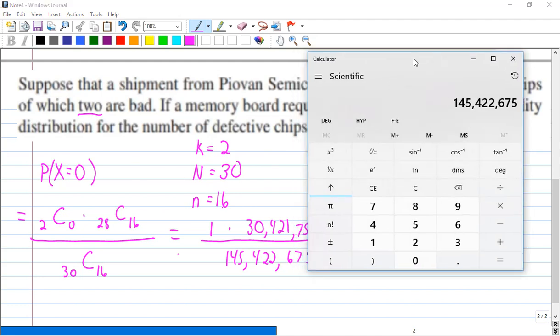I'm just going to say the numerator divided by the denominator. All right, and let's just round it to about 3 places. So 0.209.